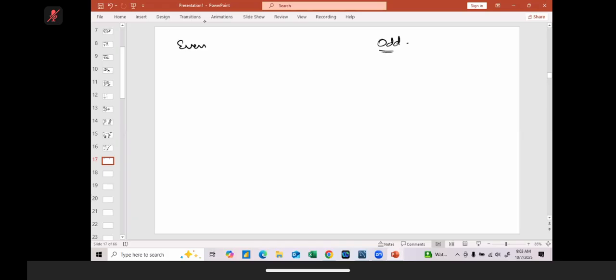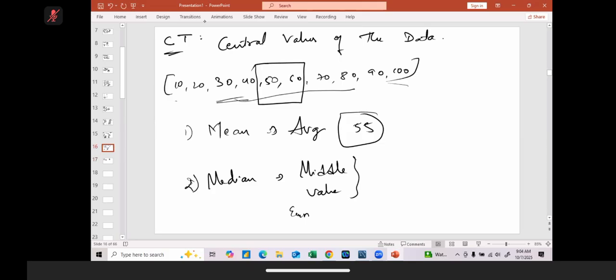If we have an odd number of data points, the middle value will be our median. If we have an even number of values, it is the average of the middle two numbers. In this scenario, the average of 50 and 60 will be our median. Is this understood? So 55 again.